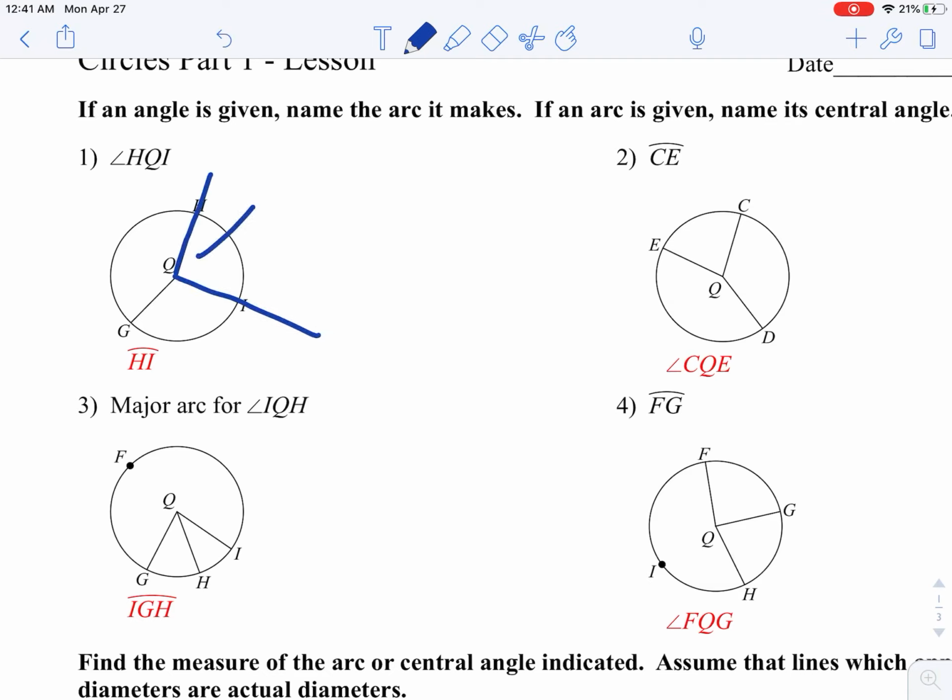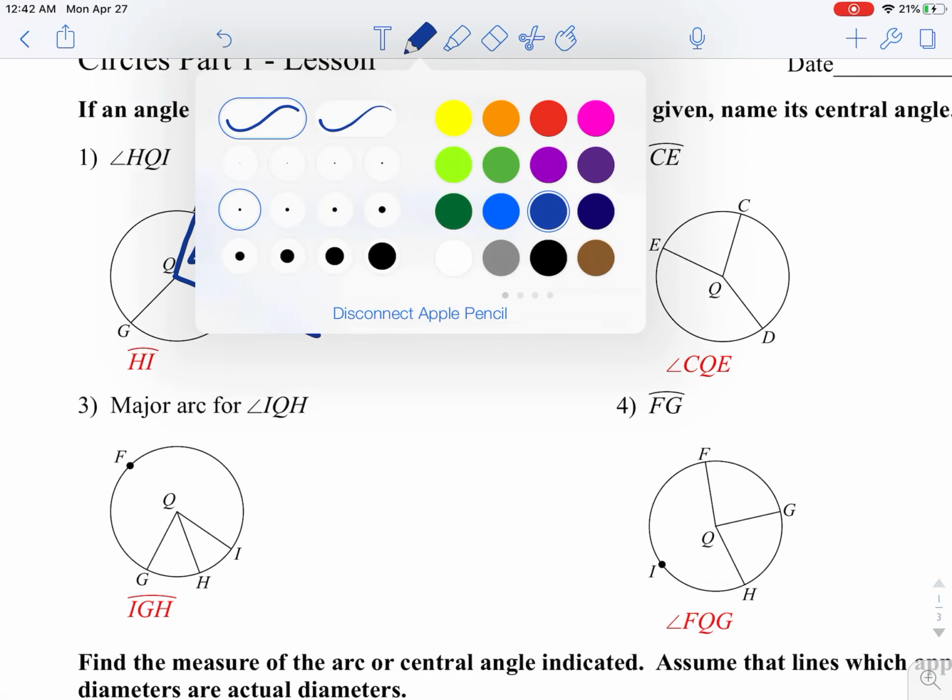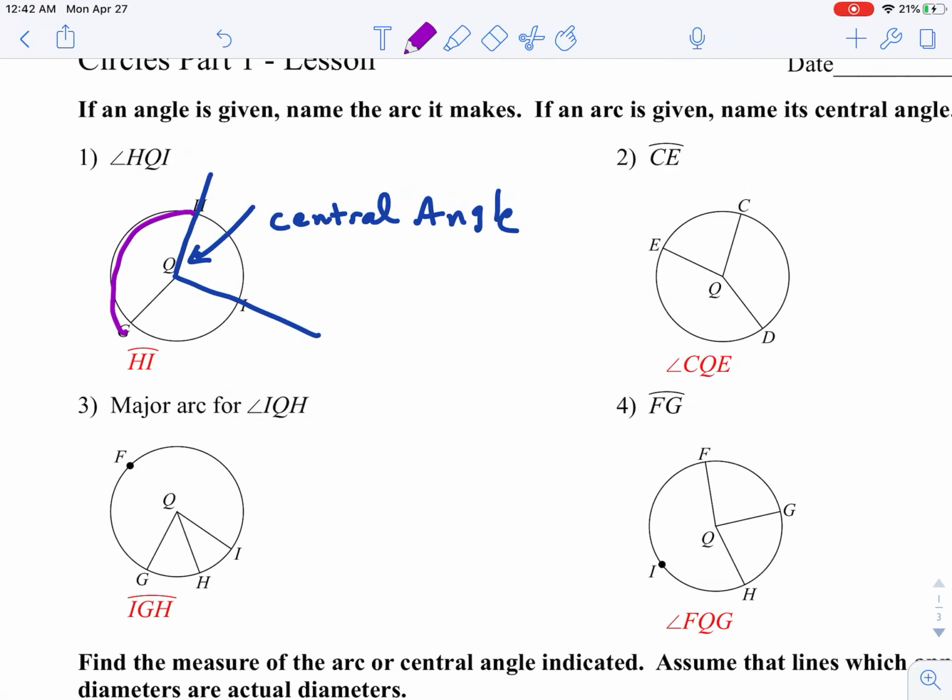HGI, this is called a central angle. Now, this HG right here, this is an arc. You name an arc with a little curve like that and 2 letters. That's a minor arc.